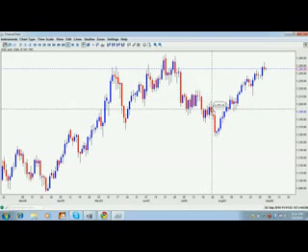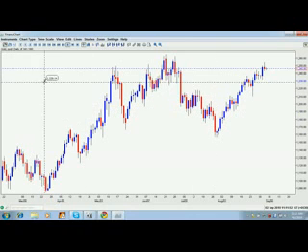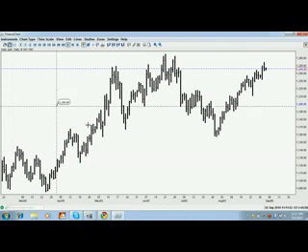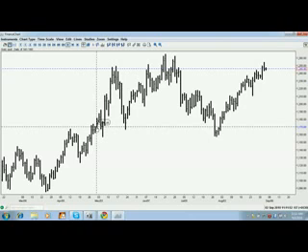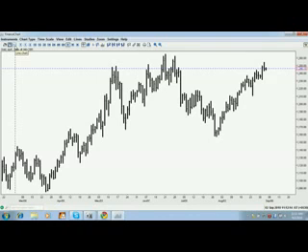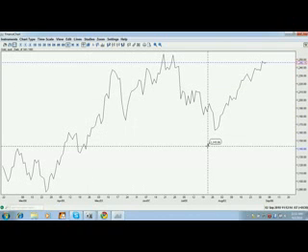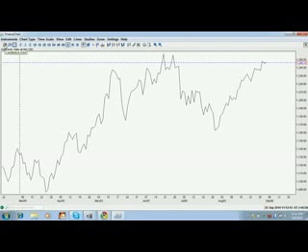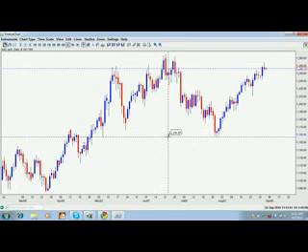In fact, you can also have another type of chart. The same chart can be expressed as a bar chart, which would look something like this, and the same chart can also be indicated as a line chart, which would look something like this. Well, let us go back to the candlestick chart, which is more visually appealing.